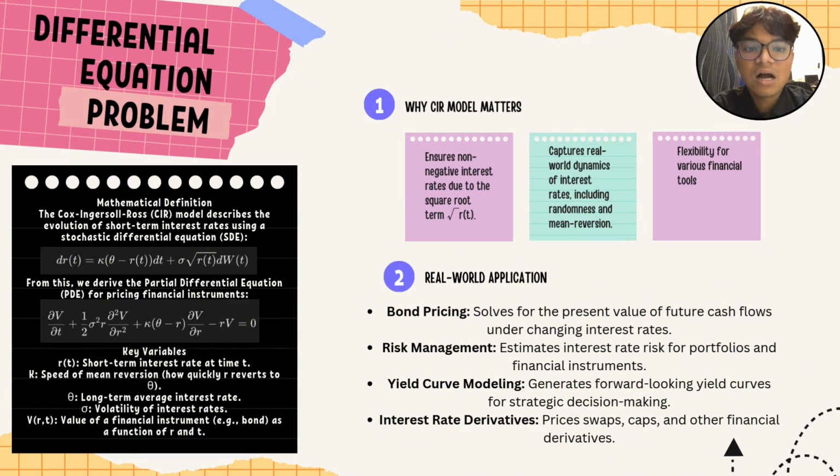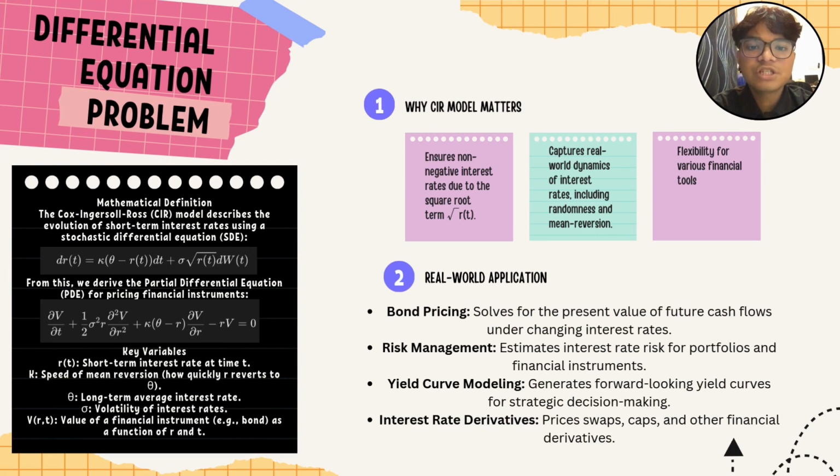It tells us how quickly the interest rate moves back toward its long-term average theta. Theta is the long-term average or equilibrium level that the interest rate hovers around over time. Sigma is the volatility, or how much randomness is added to the interest rate change. dW_t is a Wiener process, or a random shock, which models the unpredictable movement in the market.